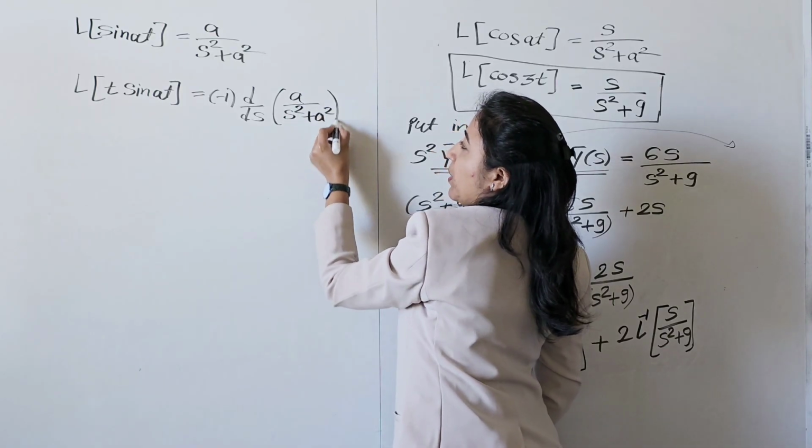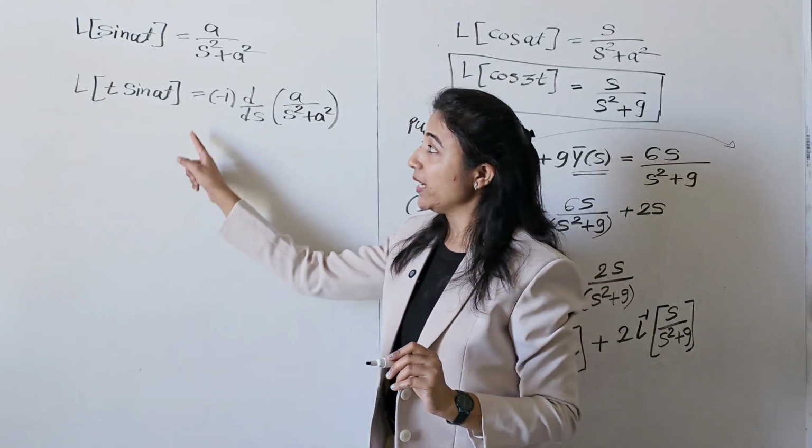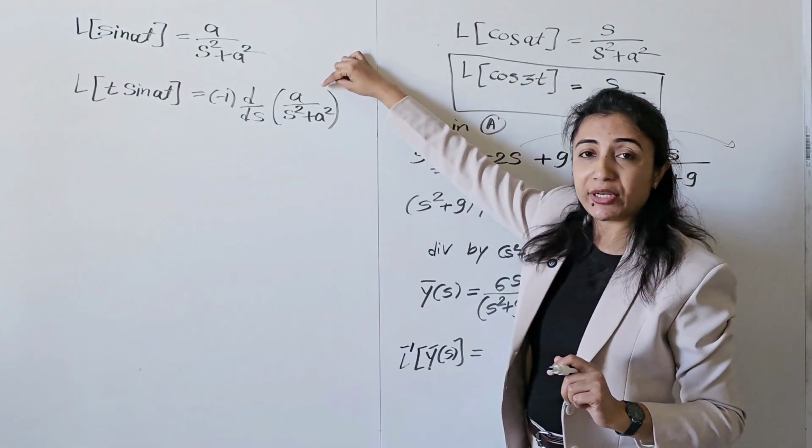So I am just applying the multiplication by t property. As I am explaining, that's why it takes time. Find the derivative of this term.